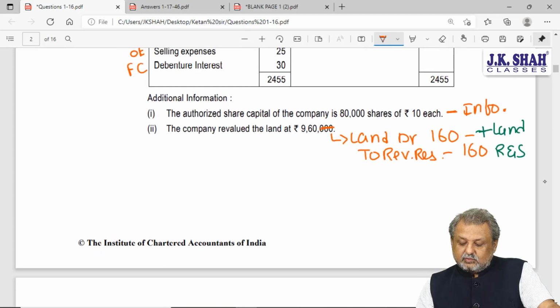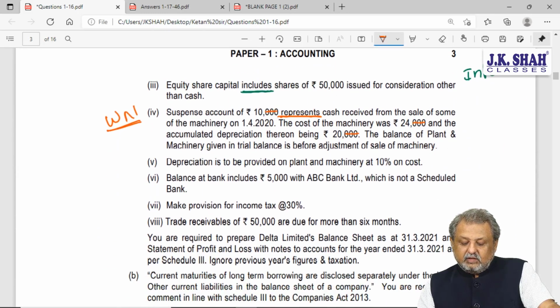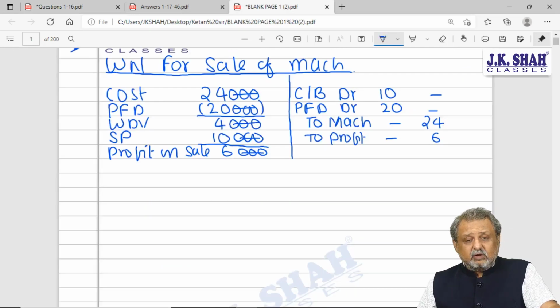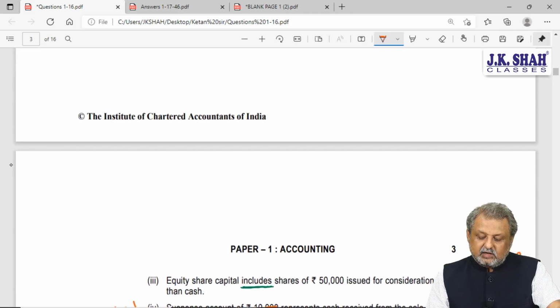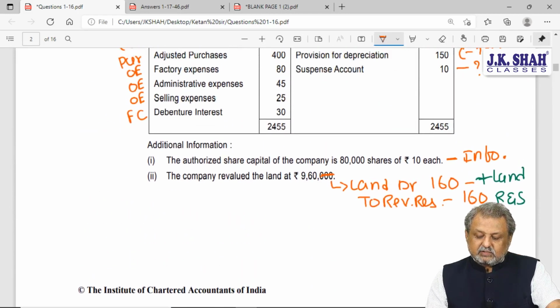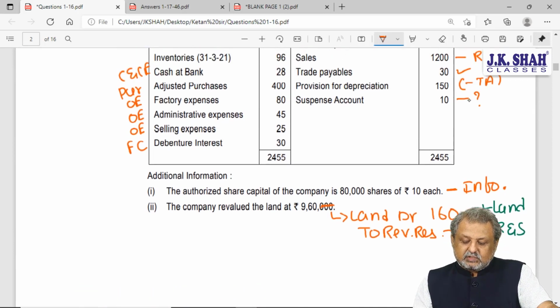If the asset is sold on 1st April, then at the beginning of the year we have already received the money. So now we are not going to receive the money again. So instead of cash, we will write suspense debit. Why write suspense debit? Because suspense account was credited on 1st April 20 when the asset was sold. That is why suspense is coming on the credit side of trial balance.